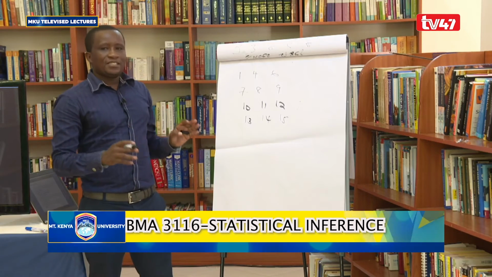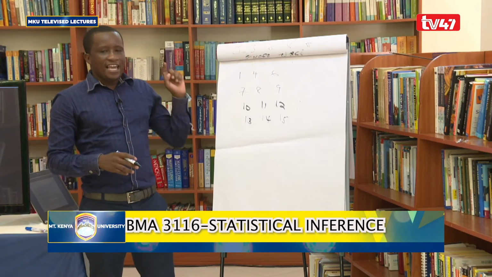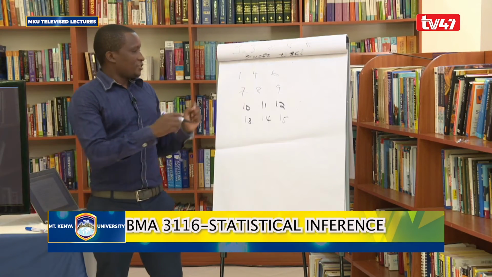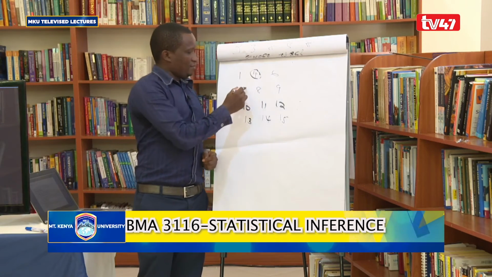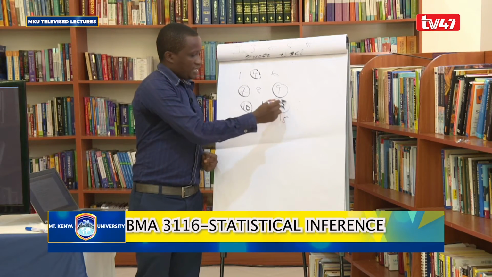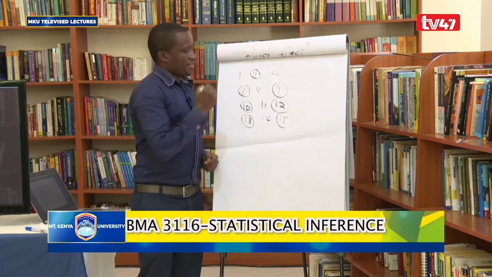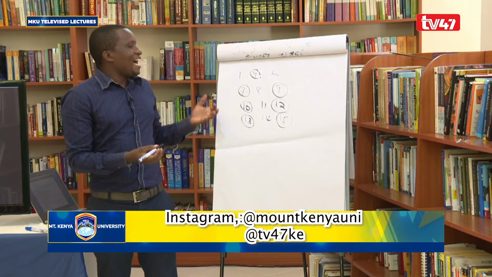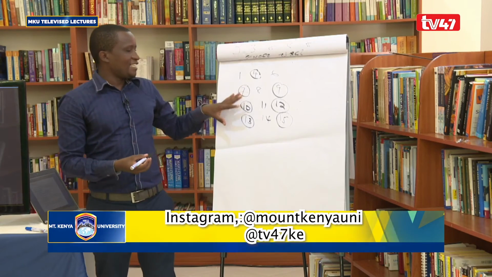I might just decide to pick every second value in this data set. So I'll pick this, pick this, pick this, in that order. So there is no value that has a higher chance of being collected from this sample.